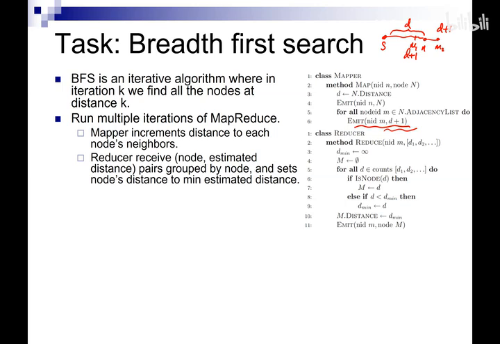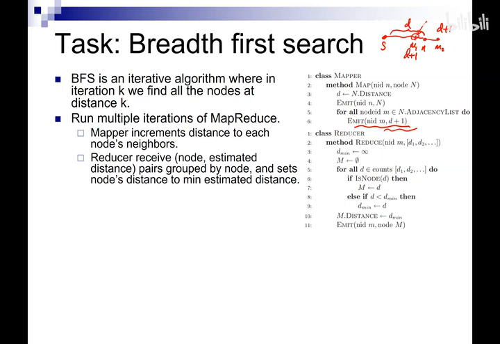Now we're going to find that this is okay, because later on in the reduce part we're going to look at all distances that other nodes claim for this node M1 here. Some nodes are going to claim that this node is D plus 1 hops away. N is going to say that M1 is D plus 1 hops away, but other nodes are going to say that M1 is only D hops away.